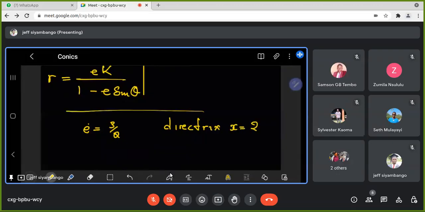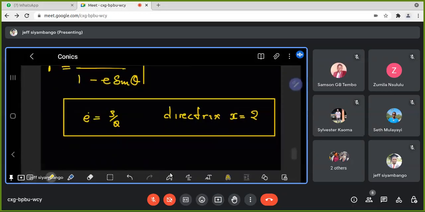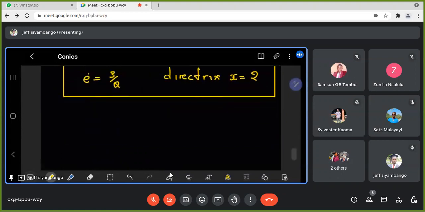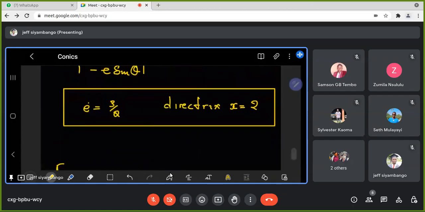So in this question, we just want to find an equation of a hyperbola whose eccentricity is e equals 3 over 2, and the directrix is at x equals 2. So this one is actually very, very easy because we're given what the eccentricity is, and also given where the directrix is. It should be a little bit easy.